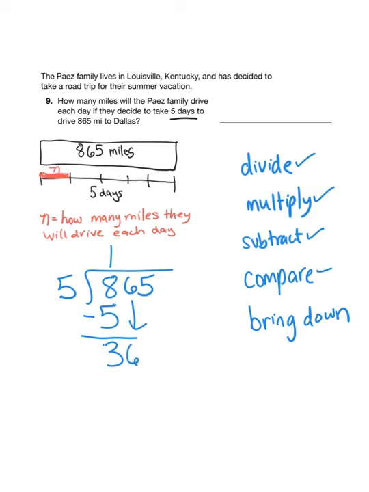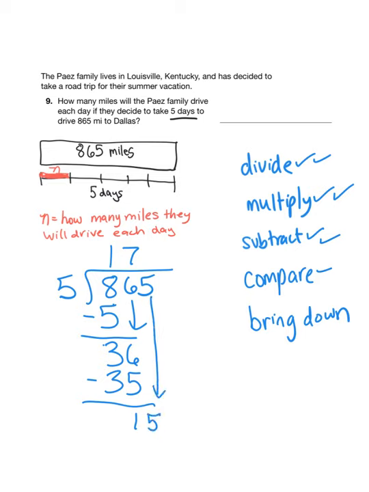Bring down your 6. How many groups of 5 can go into 36? Whoops, 7, not 6. 7 times 5 is 35. Subtract. 1 is less than 5.